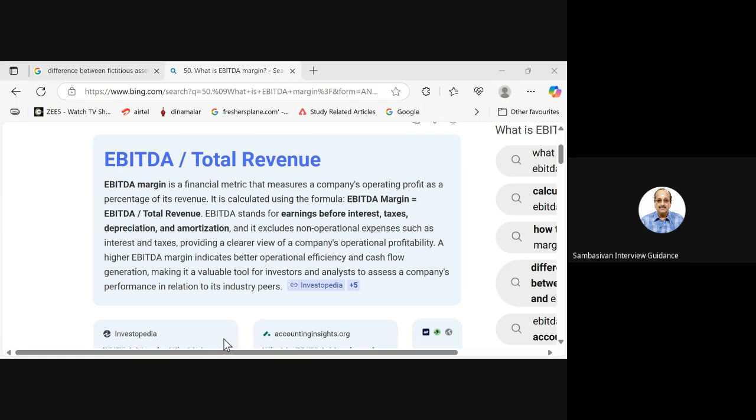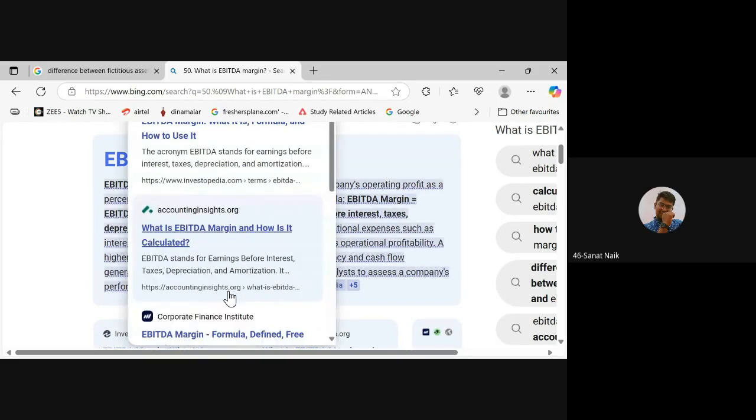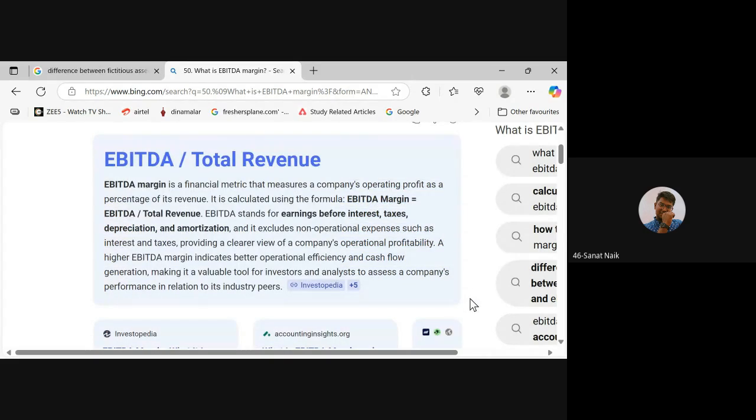In comparison with this one, sir, both are the same, no? I think EBITDA is the value before deduction of interest, tax, amortization, and depreciation.